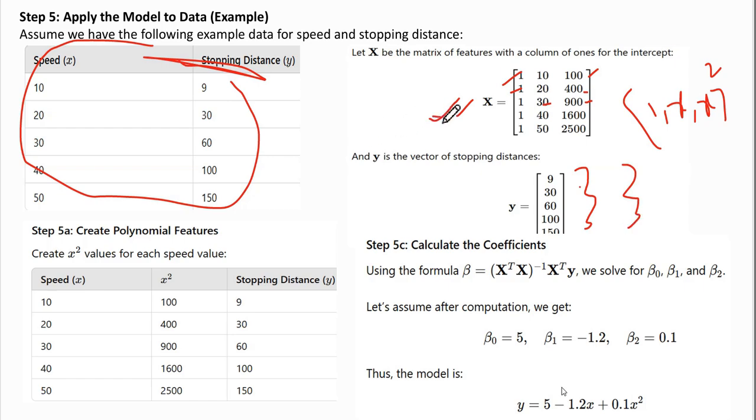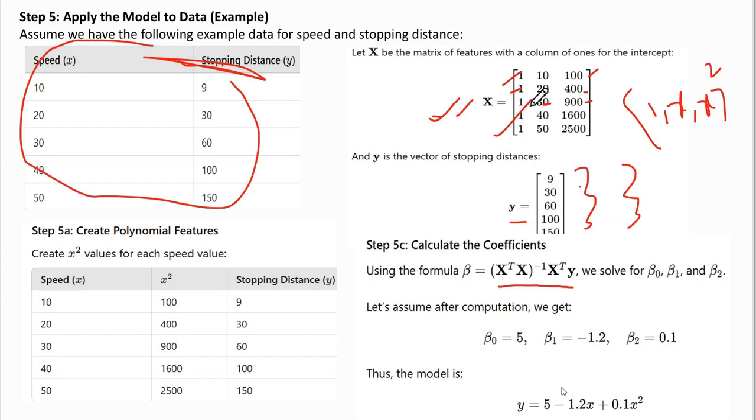We know the X, we know the Y. Simply we are substituting into which one? This beta equation. If we know matrix multiplication, transpose, inverse, all those things, we can solve this equation.